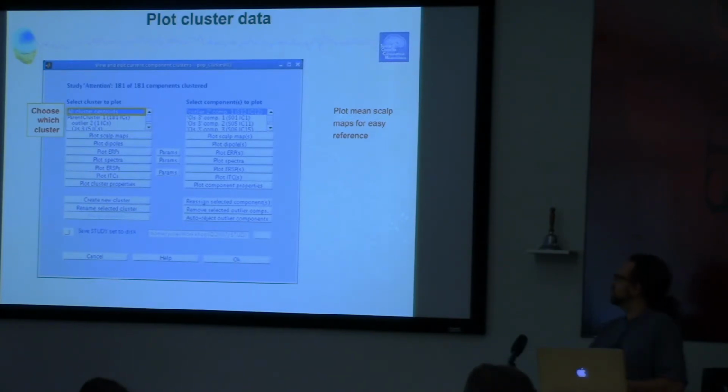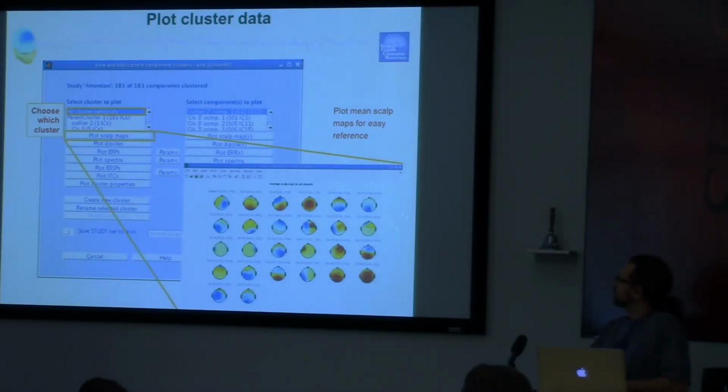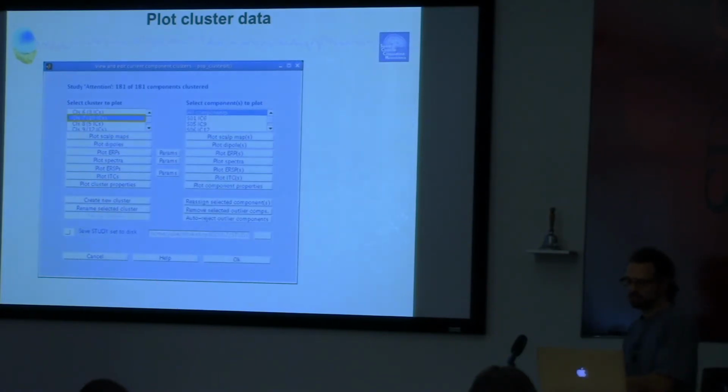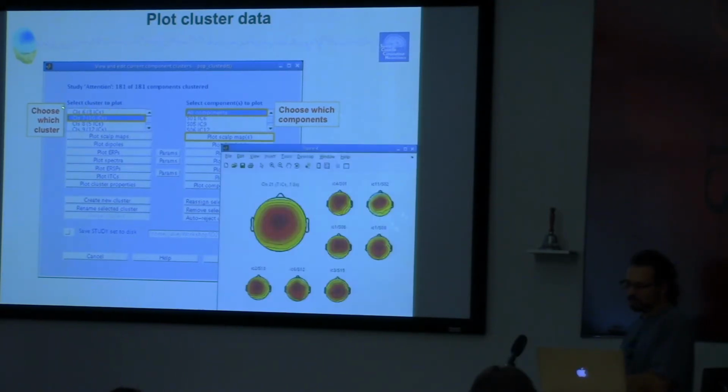This is just some example of what you can plot. So scalp topography of components. These are not individual components, these are averages, so groups of components. So this is the average scalp topography. And if you select one individual what we call cluster, and you select to plot all the components, you'll see the individual components in that cluster. So if it says IC4S01, it means independent component 4, subject 1, IC11, subject 2, etc. So these were the ones which were grouped together.